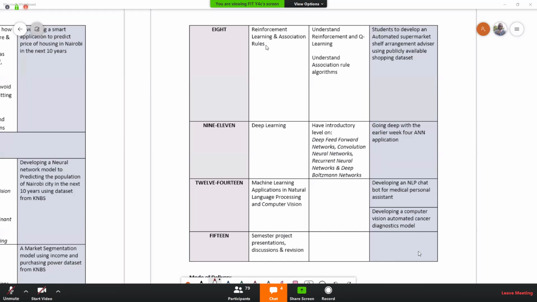Fine. So reinforcement learning, and I will introduce the association rules. I'm going to discuss what they are. Then the better part of the course is dedicated to deep learning, in fact, like a month or so. So I will slash some time here and then discuss a lot on deep learning, introduction, of course.